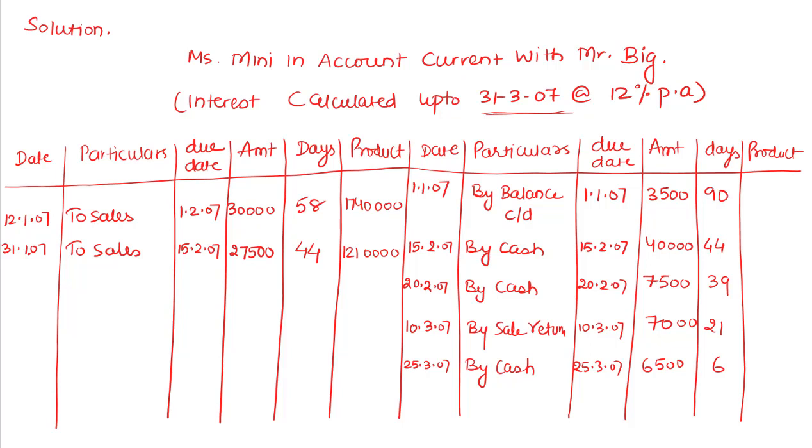Over here 90 multiplied by 3,500, 315,000. 44 multiplied by 40,000, 176,000. 39 multiplied by 7,500, 292,500. 7,000 multiplied by 21 days, 147,000. 6,500 multiplied by 6 is 39,000. I believe you understood.